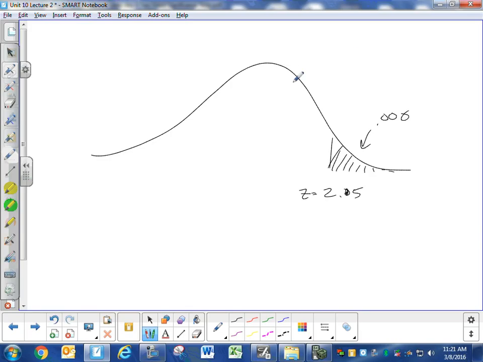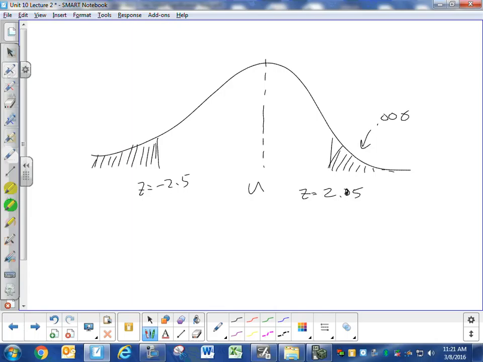So we'll have our 2.5, we'll have our mean, but we'll also have to include this probability down here if we are below that value. That way, instead of the z being far enough away on one side, the z has to be far enough away on both sides. Okay? If that makes sense.